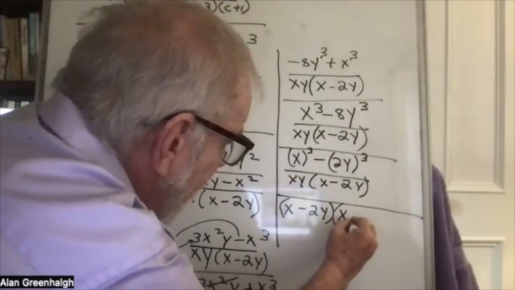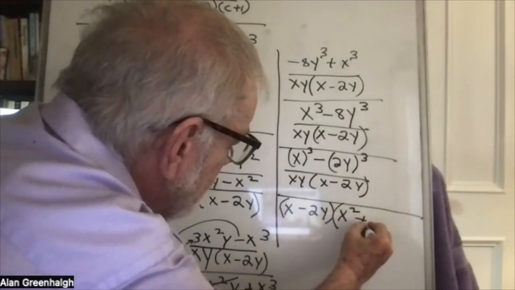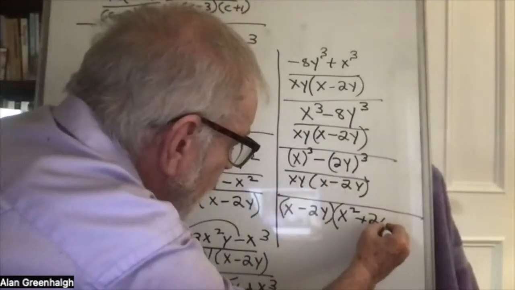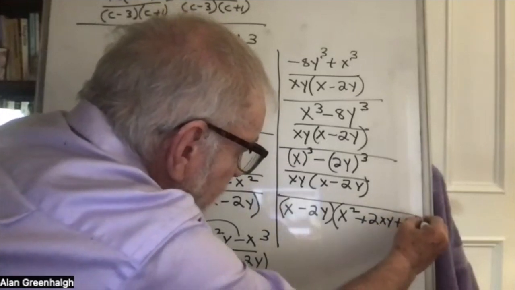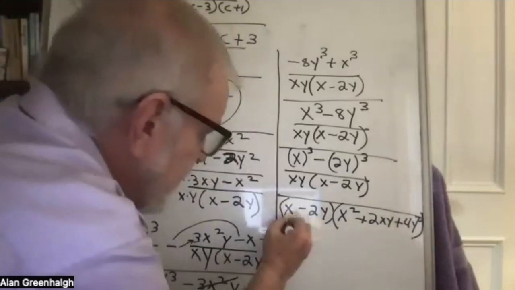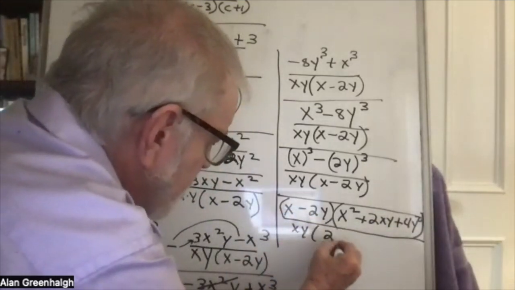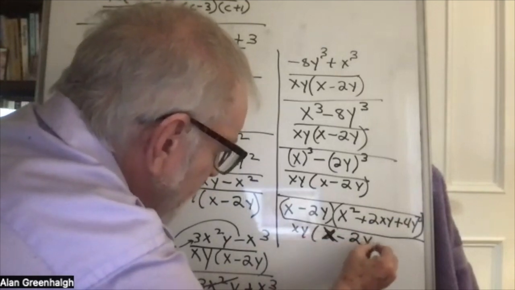Times x squared, now plus x times 2y is plus 2xy plus 4y squared. That's the numerator, and the denominator xy times x minus 2y.